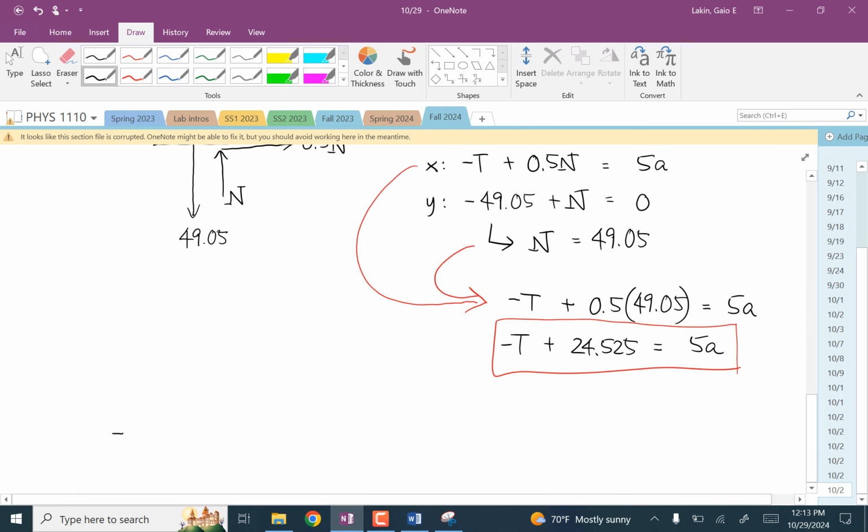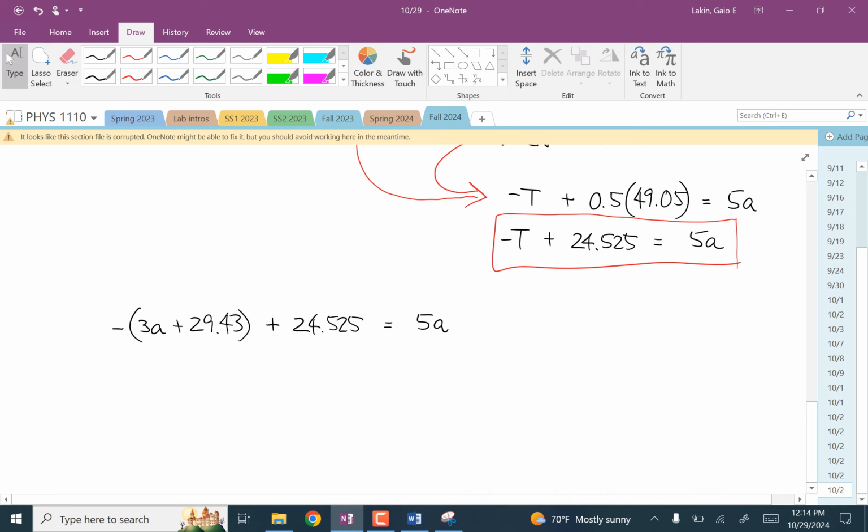And so I get negative quantity 3a plus 29.43 plus 24.525 is equal to 5a. Any questions about that?